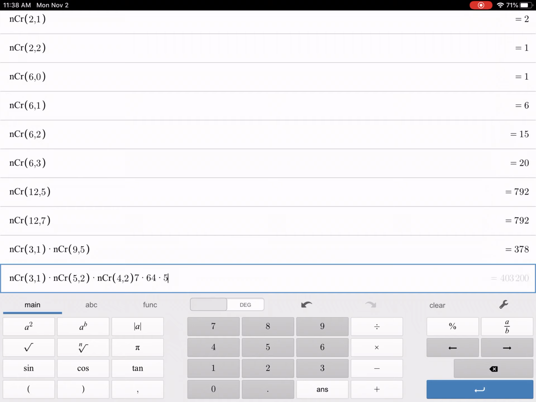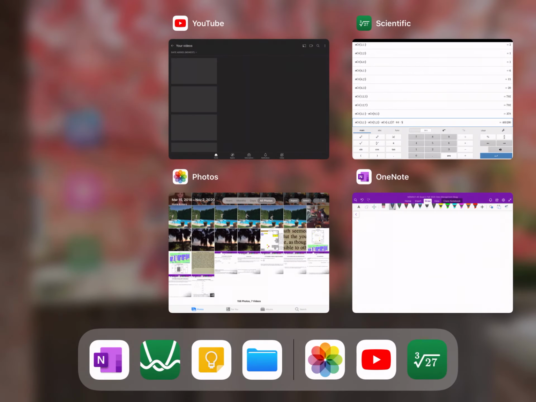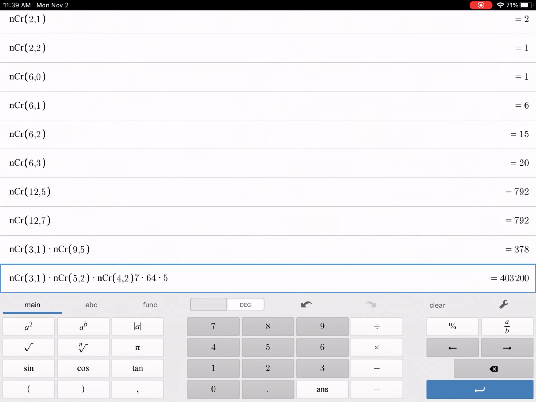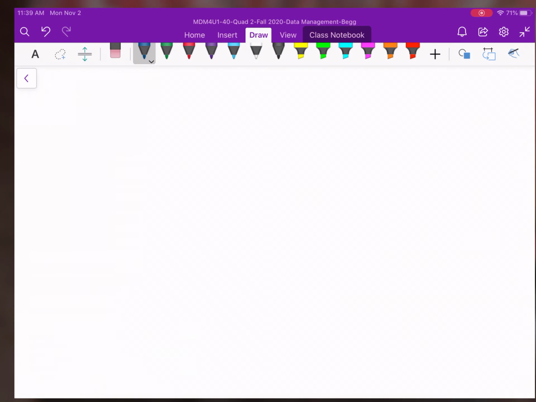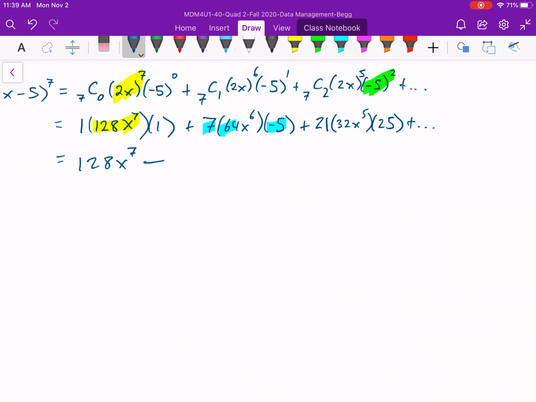Oops, not plus. 403,200. Oh, sorry, that seemed fairly high, and now I see why, because I didn't. 7 times 64 times 5. That seems more reasonable. 2,240. 2,240 x to the 6. That's what that all simplified down to, including the minus sign. I didn't put that in the calculator, but that was assumed.